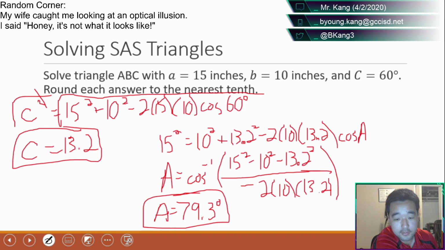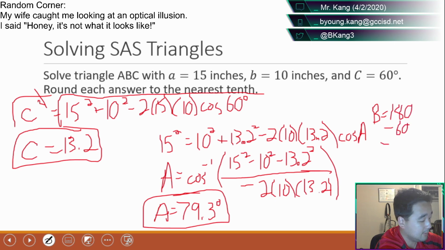And then finally, the only thing we have left is angle B. You don't have to do this again because if you have two angles, you can find the third angle by doing 180 minus what you know because the three angles have to add to 180. So B is just 180 minus 60 minus 79.3.